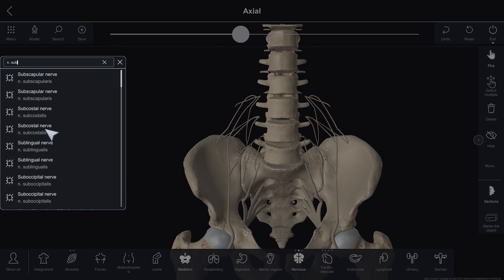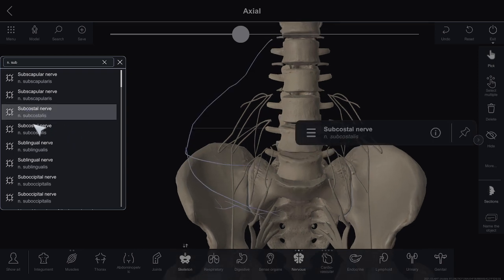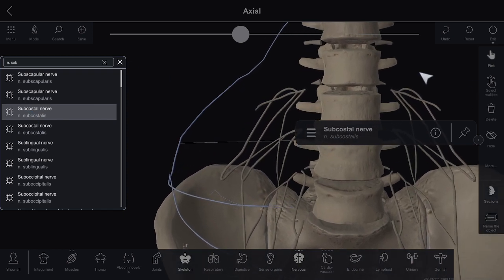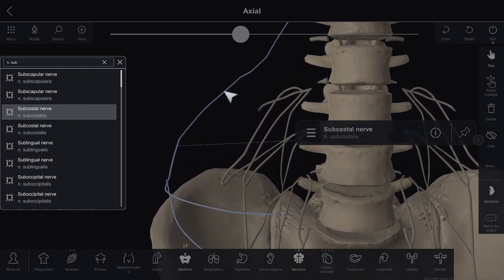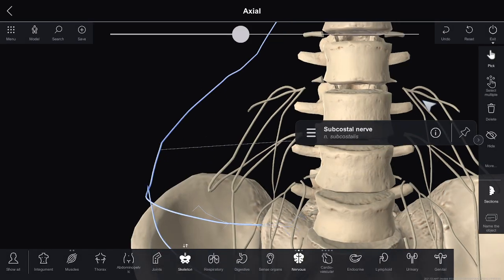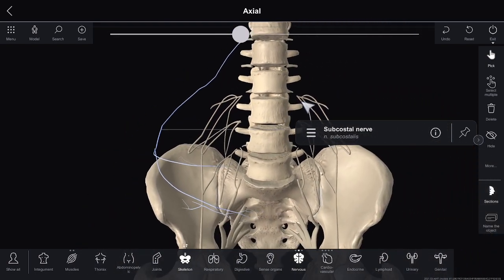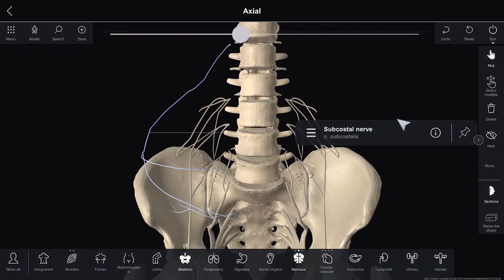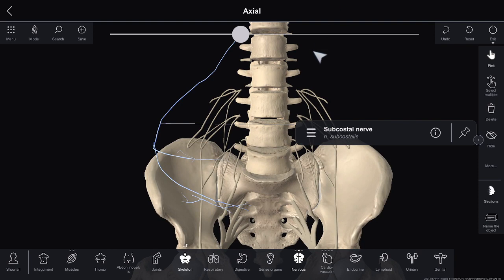The first is right and the second is left. So I use this one. And the blue nerve is the subcostal nerve. So we can understand its position.